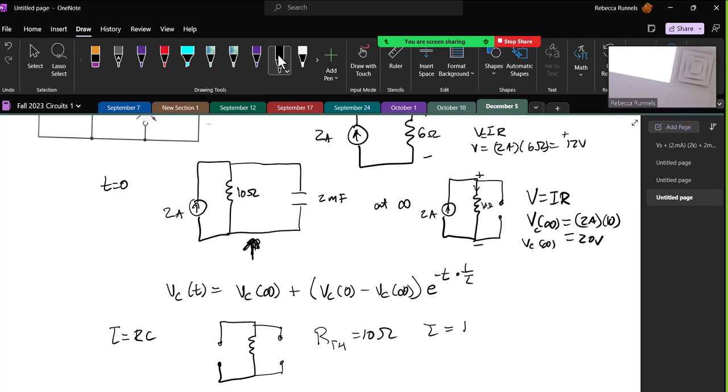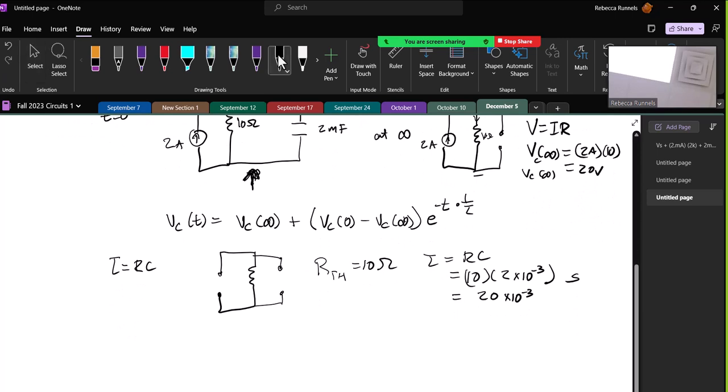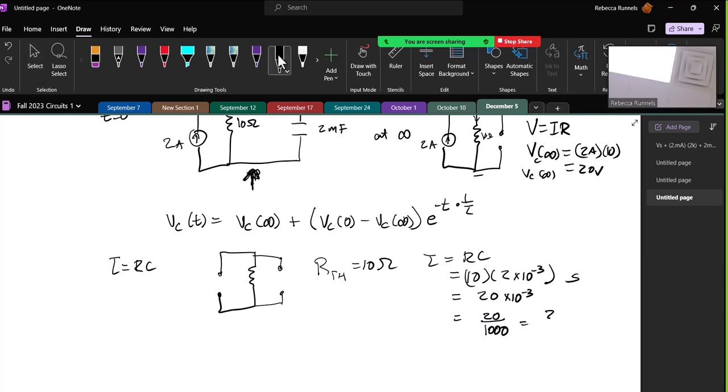So tau equals RC equals 10 times 2 times 10 to the minus 3, which is 20 times 10 to the negative 3, or 20 over 1,000, or 2 over 100. Actually, I'll change it. It'll be 1 over 50.